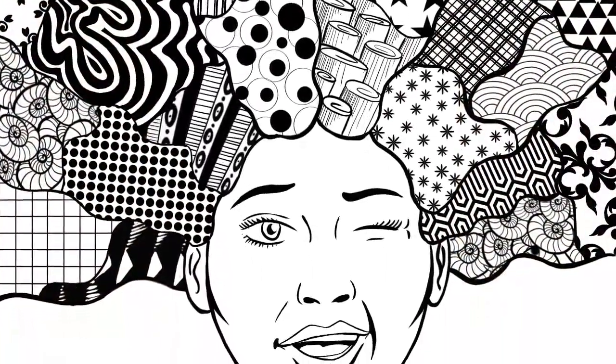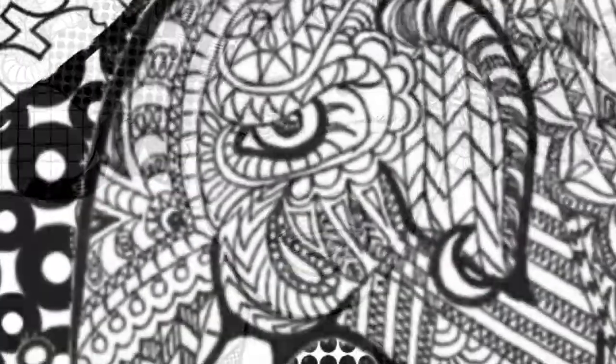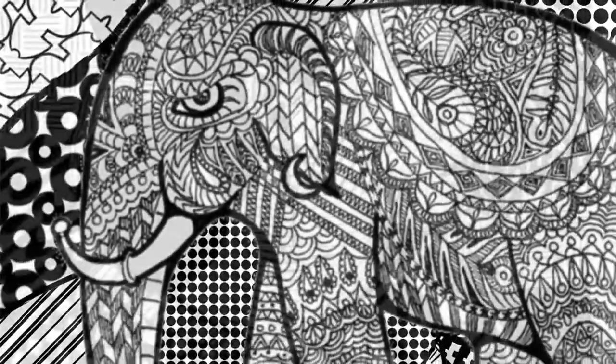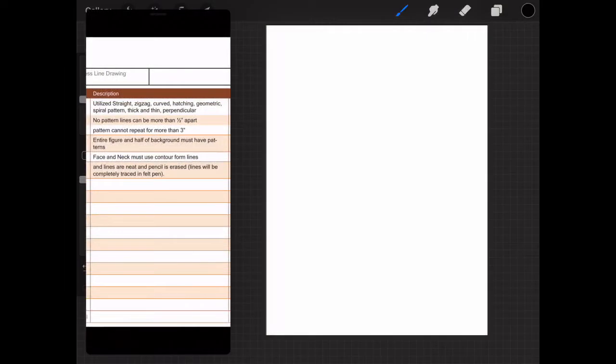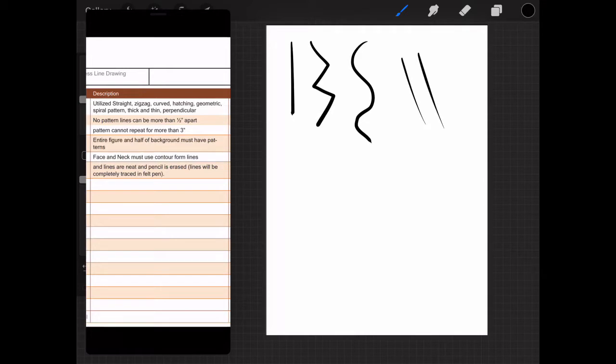What follows is a trio of pattern and symbol making exercises that'll challenge your skills at various levels. There are various types of lines to use throughout this exercise. There are straight lines, zigzags, curves, hatching or cross-hatching lines, or lines that just crisscross over and over like so.